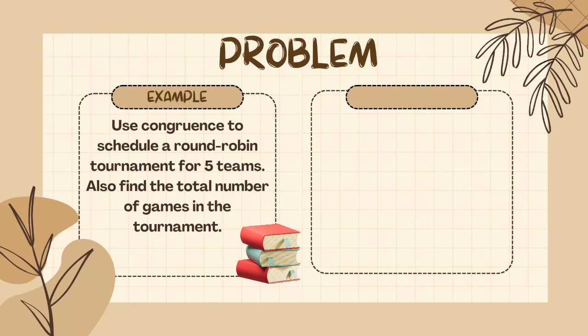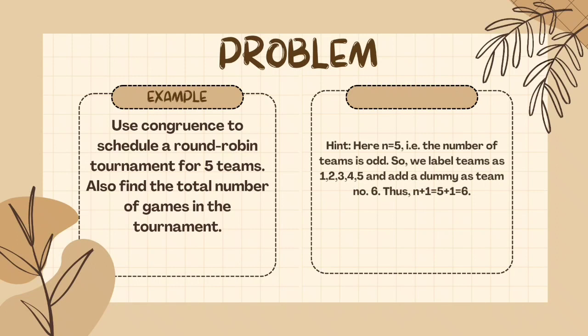So, our goal here is to schedule a round-robin tournament for 5 teams using congruence. Here, our small letter n is equal to 5, which is the number of teams. And as you can see, the number of teams is odd.